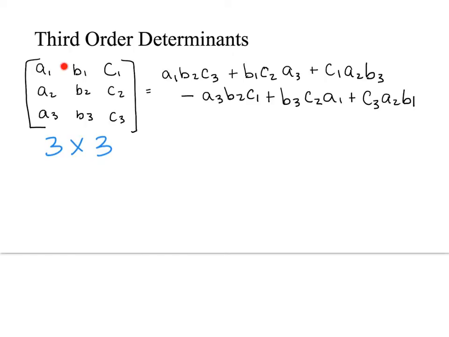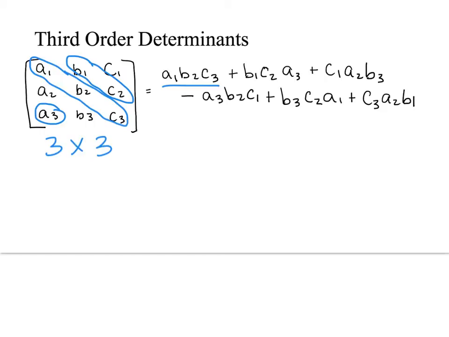We're going to take this middle diagonal. So here's our middle diagonal, and that's going to be our first product. We're going to multiply together A1, B2, and C3. Then we're going to take our second diagonal going left to right, which is B1 and C2, and if you can imagine that actually also includes A3.